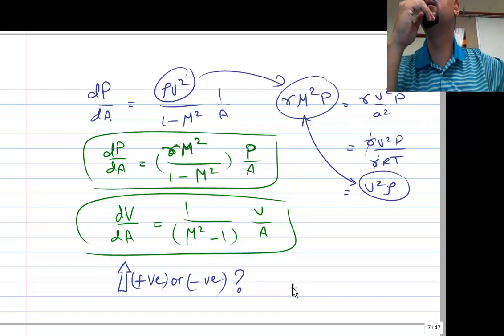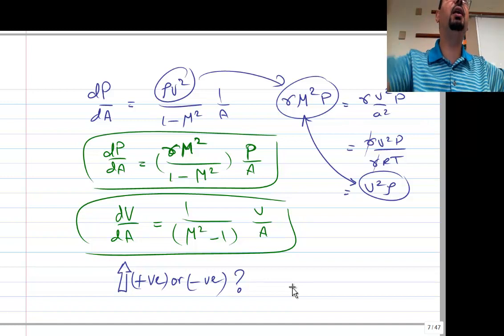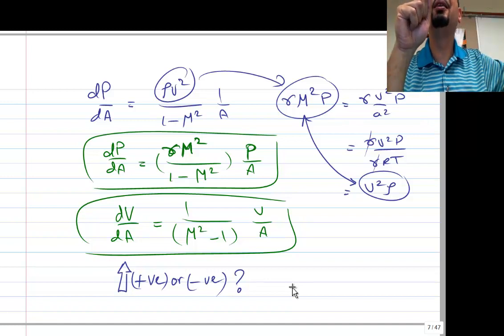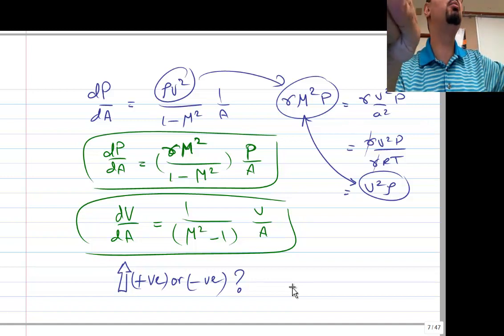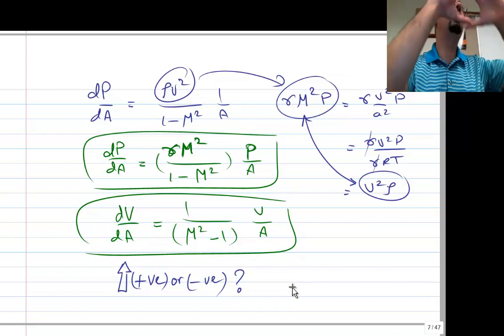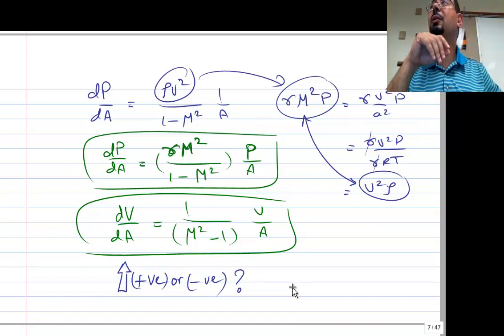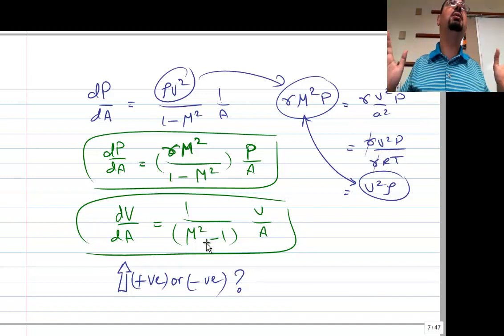It could be plus for M square equal 2, 4, 8, anything more than 1. And M square minus 1 can be negative if M is less than 1. So anything that's flying with Mach number less than 1, any pipeline with Mach number smaller than 1, this would be negative. So hence that change.